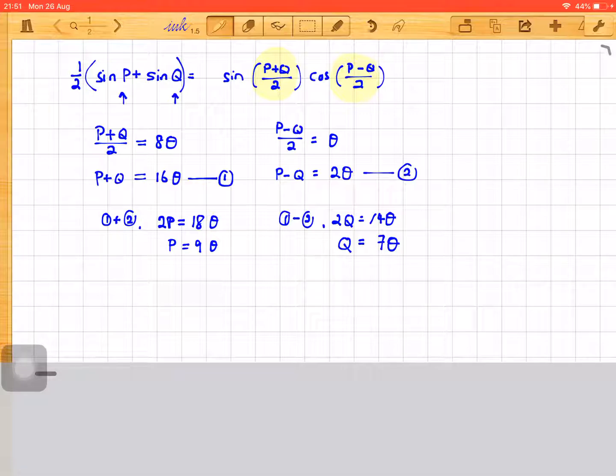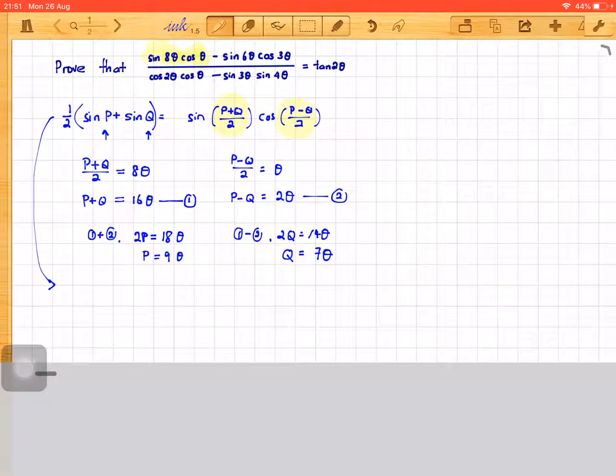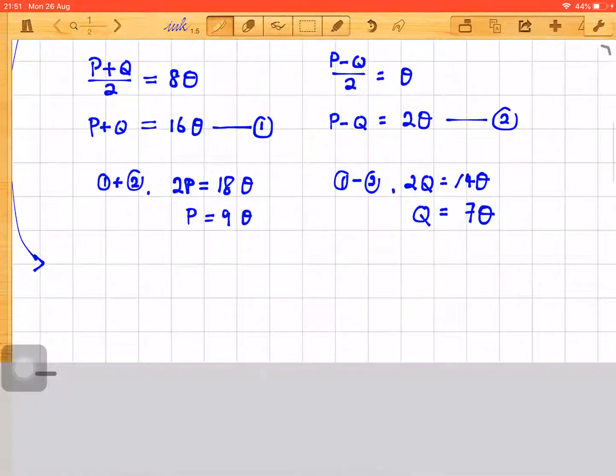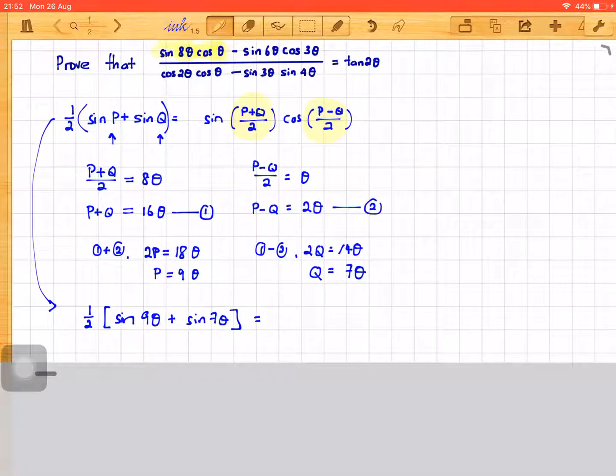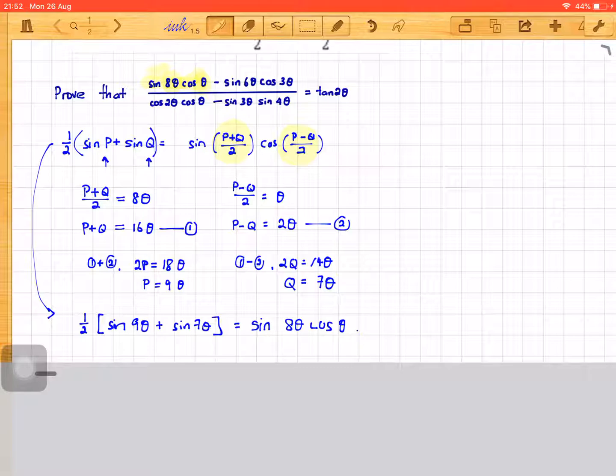Putting them back into the first formula that you have, you will get 1 over 2, big bracket, sine 9 theta plus sine 7 theta, is actually equal to sine 8 theta cos theta. Therefore, you solve the first one.